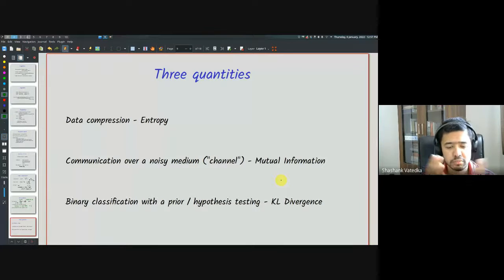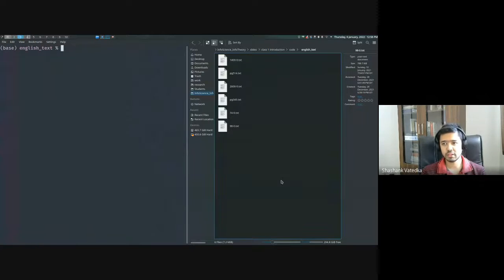Okay. So my hypothesis is that data compression in some sense should give you a measure of information. And to see that, let's do a simple experiment. Here with me, I have a bunch of text files.